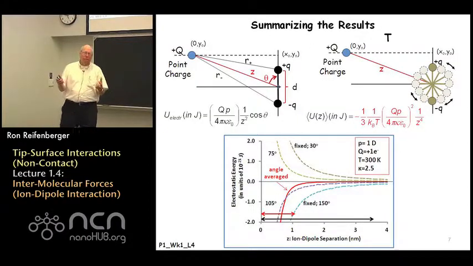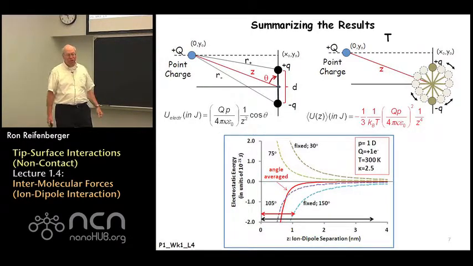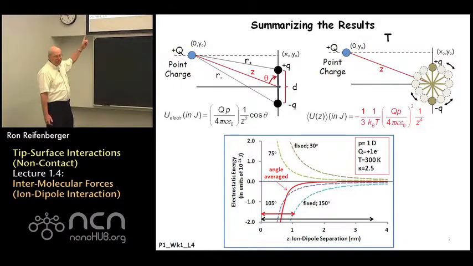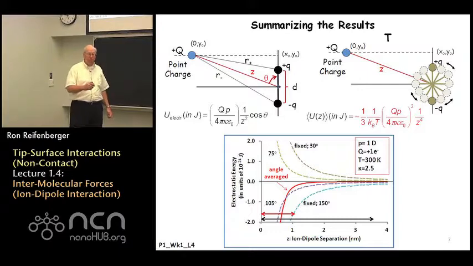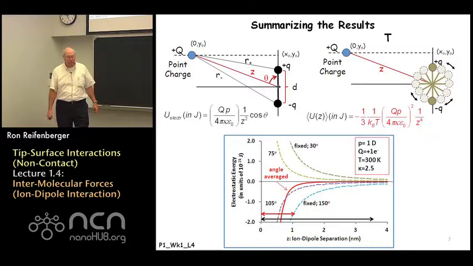Just to try and reinforce this conclusion, I prepared this slide which summarizes the two results. In the left part of the slide, we've got the fixed angle interaction potential energy. In the right-hand part of the slide, the upper part, we show the answer for the interaction potential energy when the dipole is angle averaged over all possible values of theta.